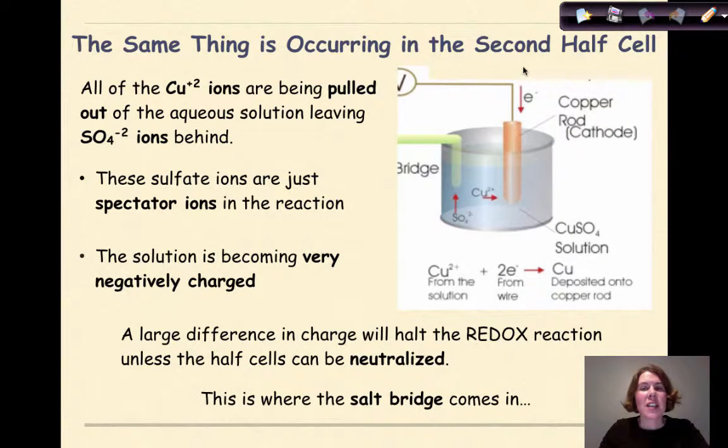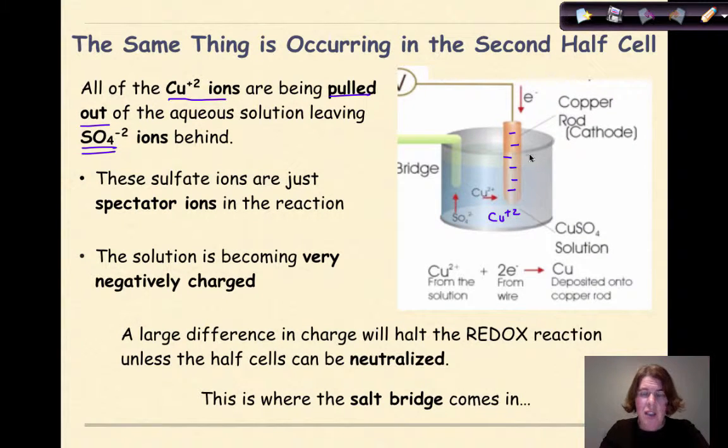The same thing is occurring in the second half cell. All the Cu+2 ions are being pulled out of the aqueous solution, leaving only sulfate ions behind, because these Cu+2 ions, which are originally in the solution, are coming over to the electrode, picking up electrons and being reduced to solid copper.